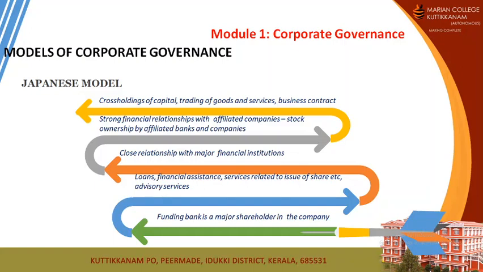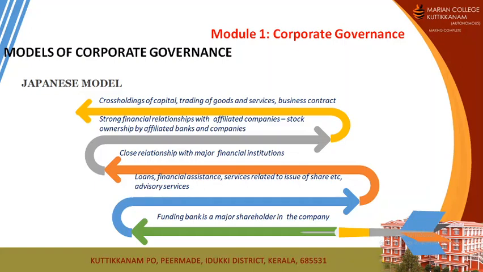Most of the companies that follow Keiretsu enjoy stock ownership by affiliated banks and companies. So the cross relationship with major financial institutions helps the companies to avail loans, financial assistance, services related to issue of shares, debts, and advisory services.